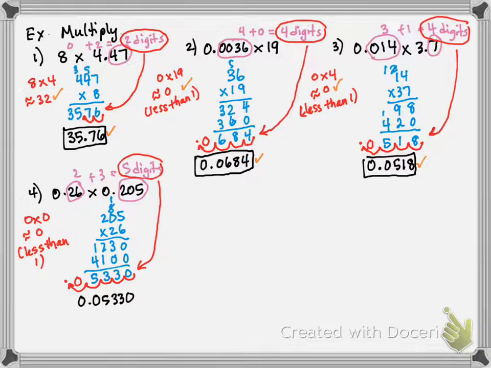Whoa, that's big. So I have 5 digits after the decimal point. Definitely it's less than 1. So I concur that my answer, barring any kind of calculation error, looks good, and I box it up. Okay? All right, so let's do some word problems.